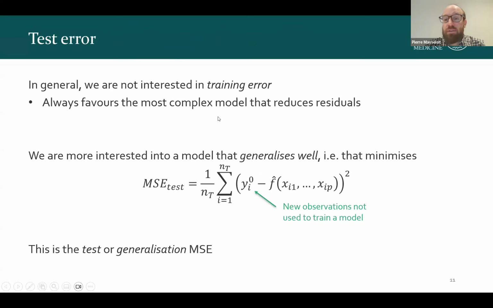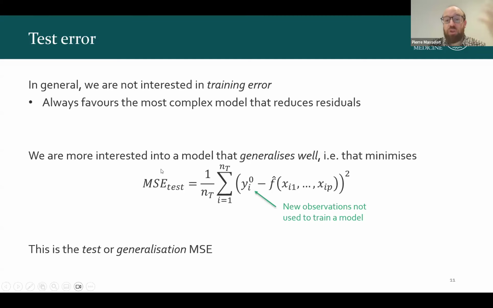And so the idea is really to see that, in practice, we are not that interested in what we call training error, so taking our observations, fitting a model, and then measuring the error on the fit, because as I just said, it always favors the most complex model that reduces the residual error too much.